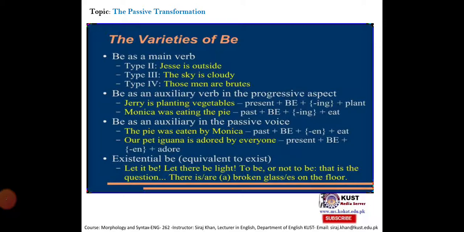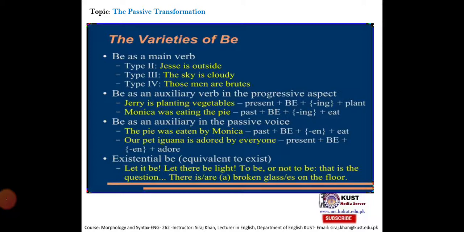The varieties of be. As a main verb, like Jess is outside, the sky is cloudy, and those men are brutes. Be as an auxiliary verb in the progressive aspect: Jerry is planting vegetables, present plus be plus ing plus plant.